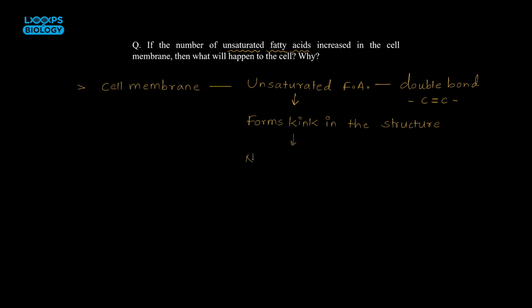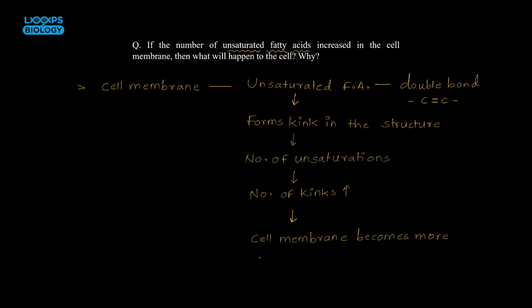So suppose I am increasing the number of unsaturations, then the number of kinks is also increased, and because of that your cell membrane becomes more fluidic.